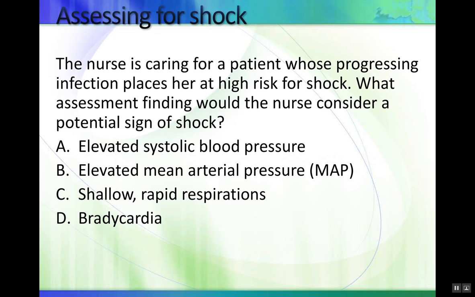A low mean arterial pressure, less than 65, we want to be concerned. Remember, a MAP of less than 65 is concerning. We want it greater than 65. And bradycardia is not a sign of anything except for neurogenic shock. So if we had an infection, we're at risk for septic shock, and that tachycardia is the sign that we're going to see.